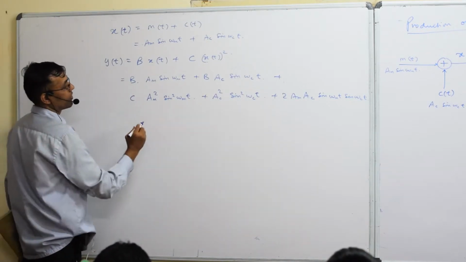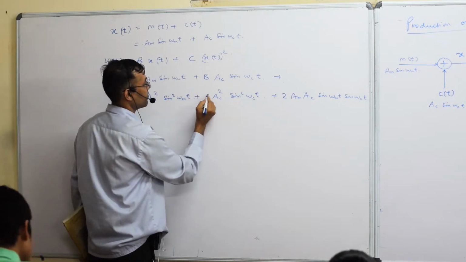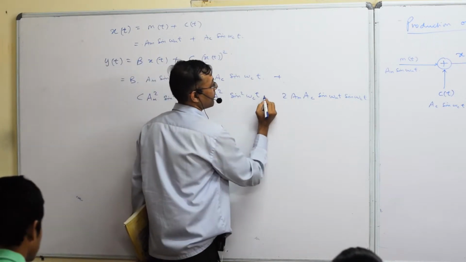This c is common for everything, which means I am going to multiply this c here. So I can avoid one step here, so simply multiply this c with that.